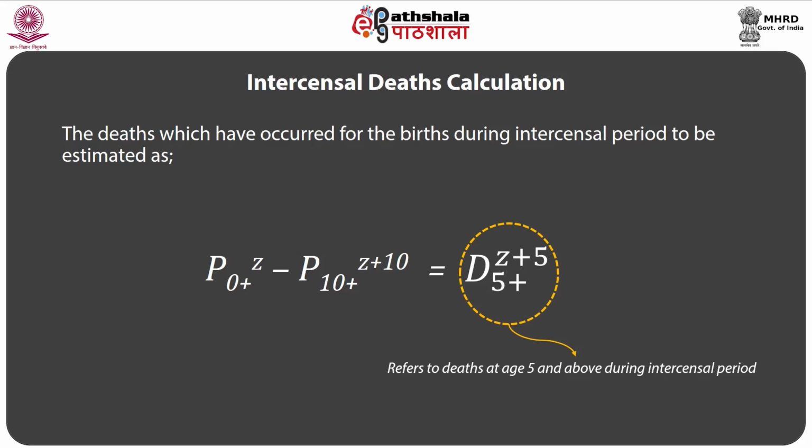In the above equation, the deaths which have occurred for the births during the intercensal period are to be estimated as P_0^z minus P_10+^(z+10) equals D^(z,z+10)_5+, whereas D_5+ refers to deaths at age 5 and above during the intercensal period.